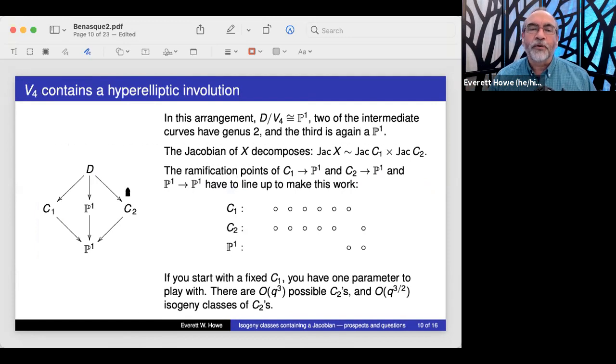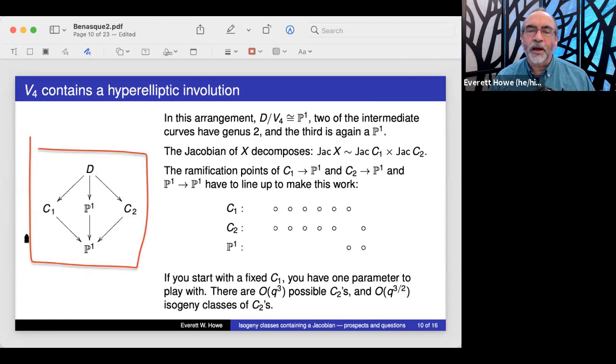So if your V4 contains a hyperelliptic involution, then you get a diagram like this. Each of these maps is a double cover. Here is the hyperelliptic involution, and here are the other two involutions.